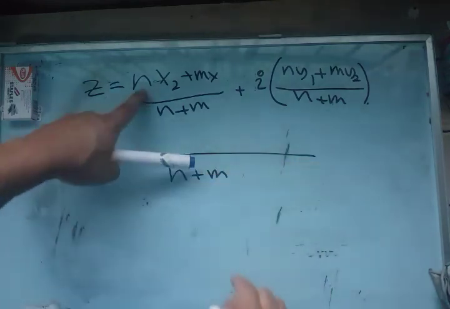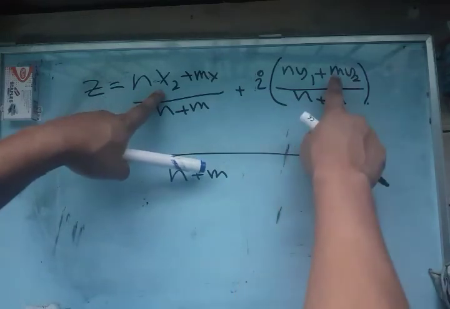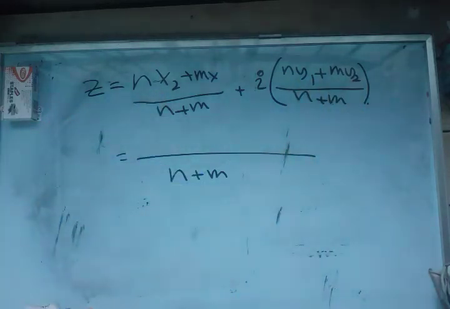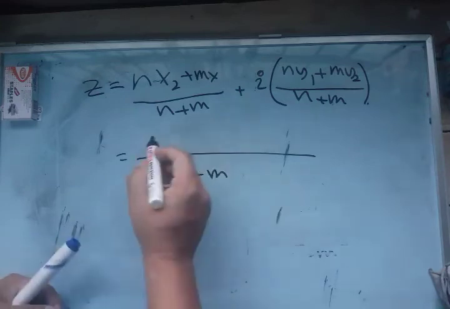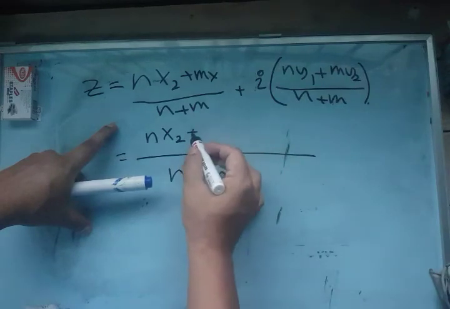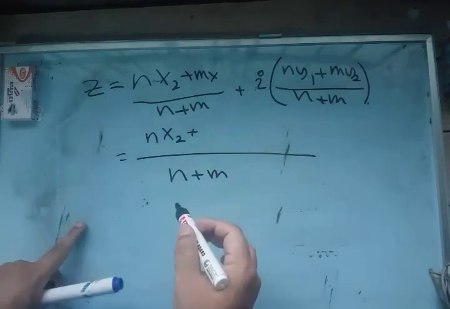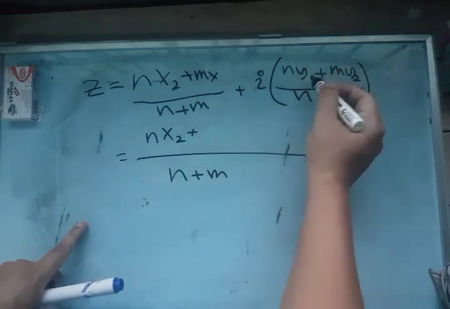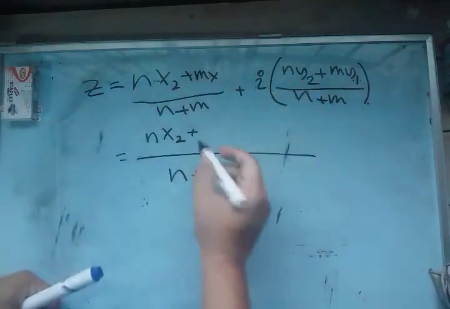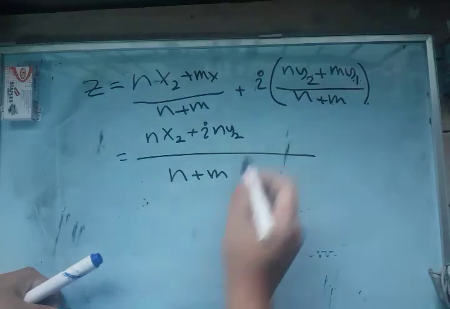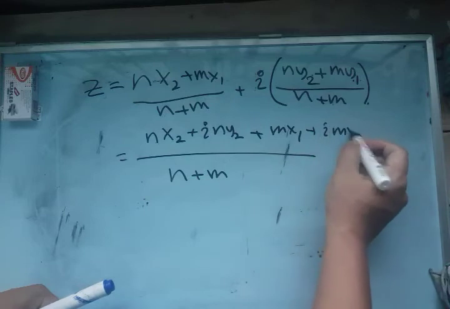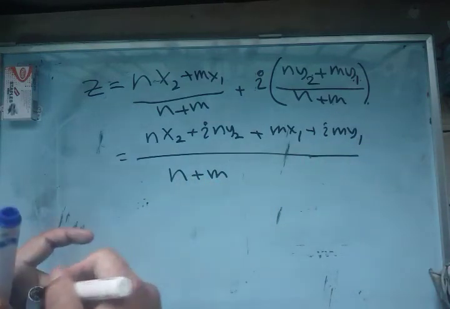You get n x2 plus i n y2, then m x1 plus i m y1, divided by n plus m. Sorry, I think I made a mistake earlier, this should be 2 and this should be 1, right?